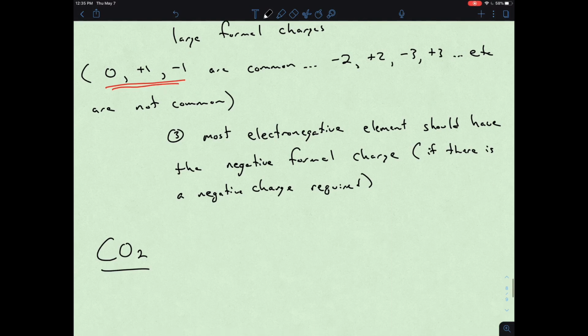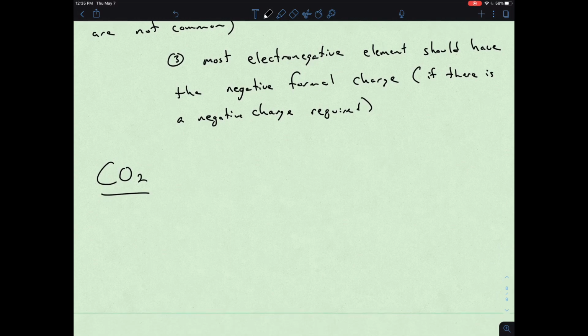So for instance, for carbon dioxide, we could actually put two different structures together, looking at this sense of sharing of electrons, right? Each oxygen element, right, having 6 electrons in its valence shell, 2 of which are unpaired, and then the carbon atom having the 4 unpaired valence electrons.